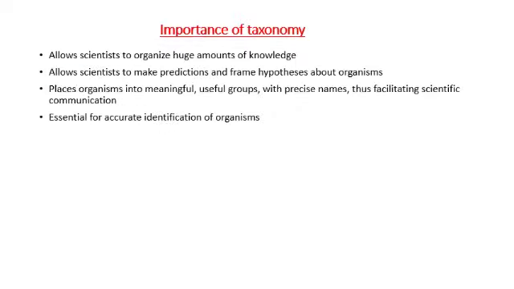Then, what is the importance of taxonomy? Taxonomy helps to organize a huge amount of knowledge that scientists have gathered. Second, by using taxonomy you can make predictions or frame hypotheses about organisms, for example whether an organism belongs to this group or another group.